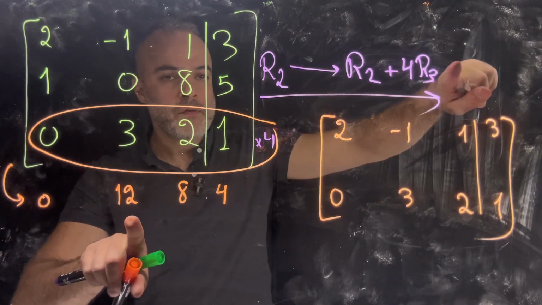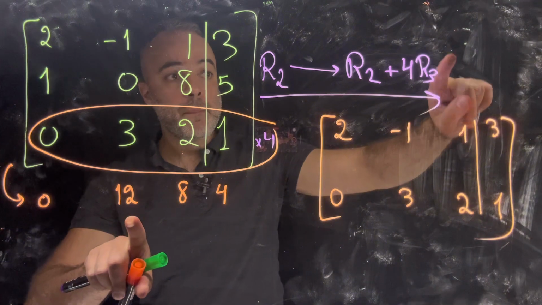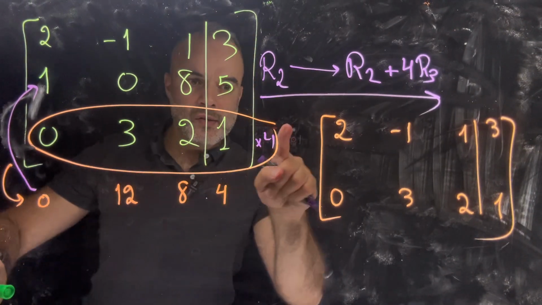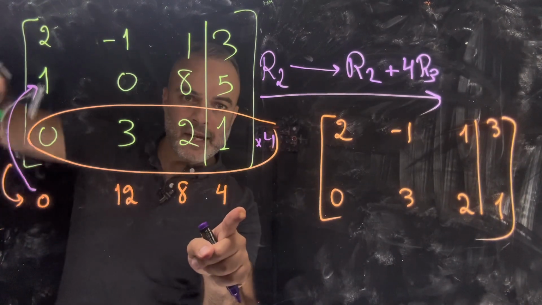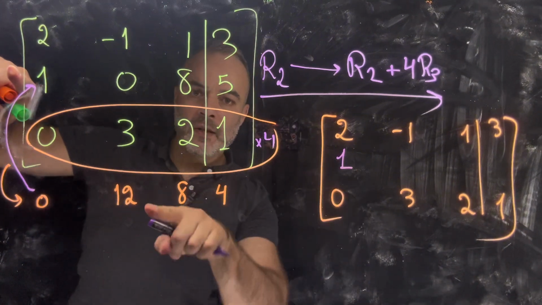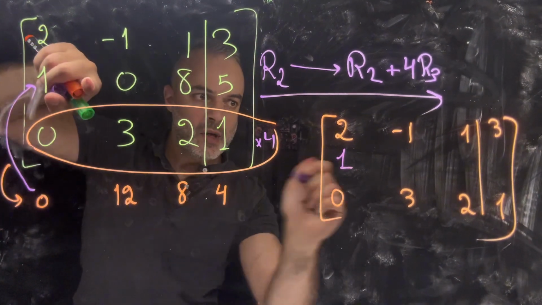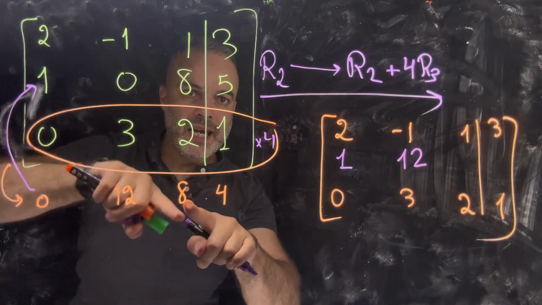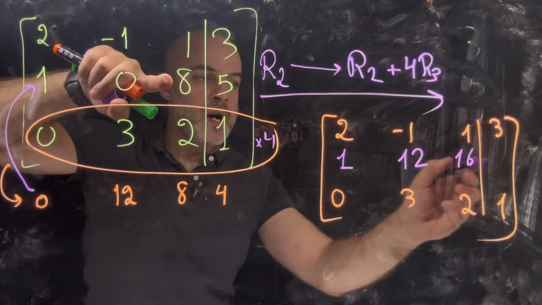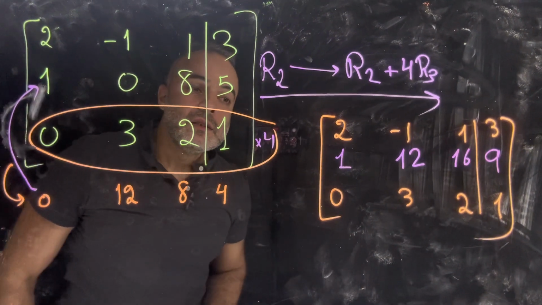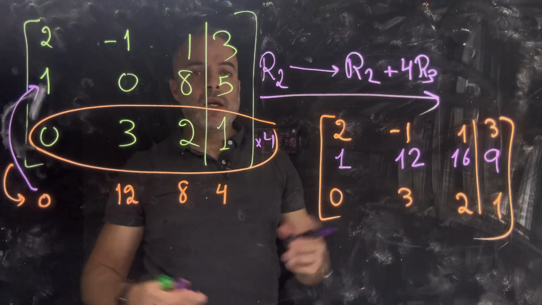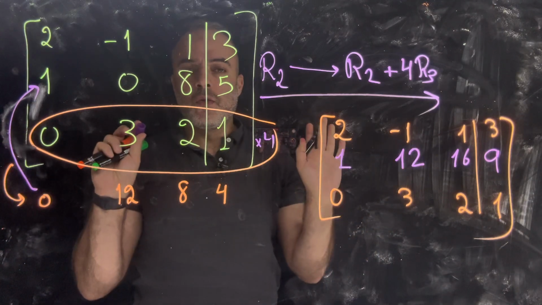So this is 4R3, plus R2. Then I add it to R2. So multiply R3 by 4 and add it to R2, you see? So 0 plus 1 is 1. 12 plus 0 is 12. 8 plus 8, that is 16. And 4 plus 5, that is 9. So this and this are equivalent matrices, or equivalent systems, I mean. Right? Because we still haven't changed the solution.